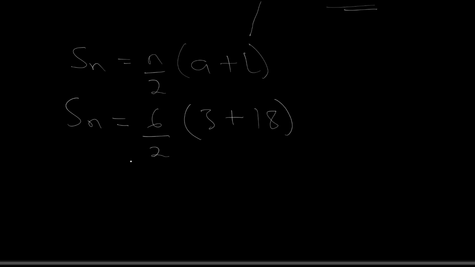So Sn should be equal to 6 divided by 2 is 3. 3 times 3 plus 18, which is 21. And Sn should be equal to 63. So the sum of our terms should be 63. So that will be it for question 2.